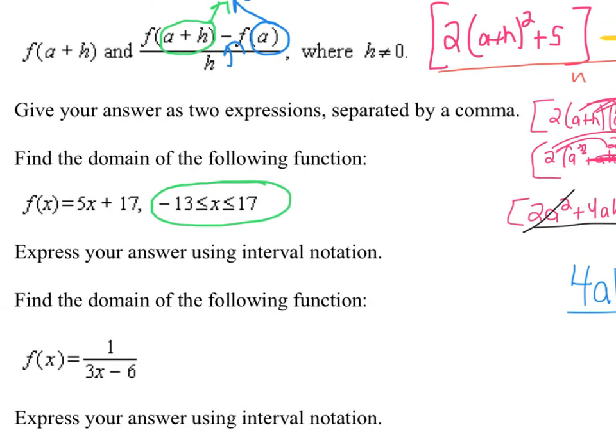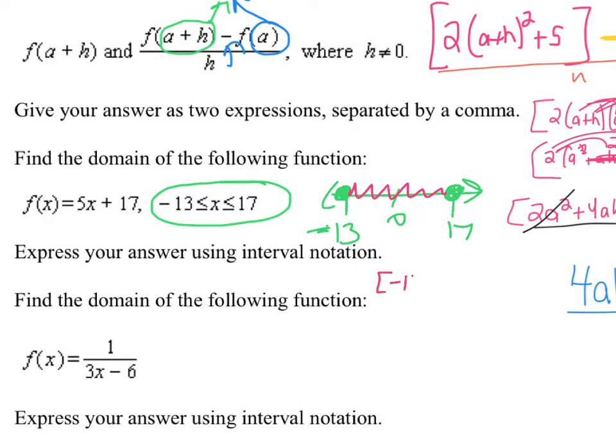Okay, if you don't see that, draw a little picture. Put negative 13 on your graph and put 17. What kind of a dot do you have at negative 13? Closed. It's got equal to. What kind of a dot do you have at 17? Closed. It's equal to. And where do they want all the values? In between. So how would you guys write that in interval notation?